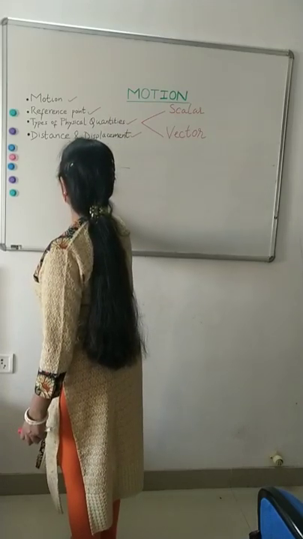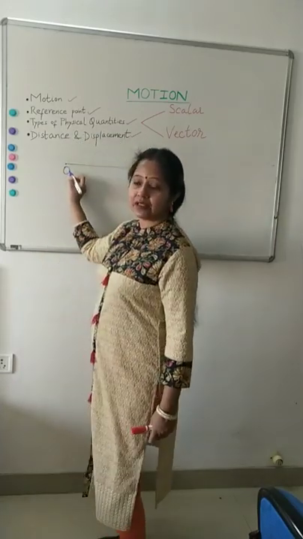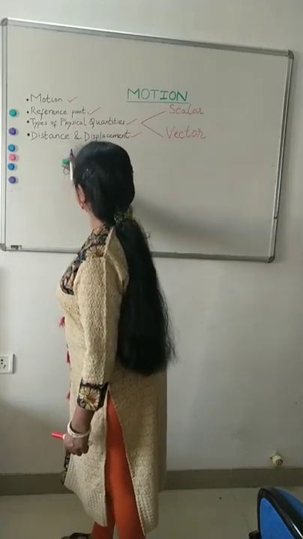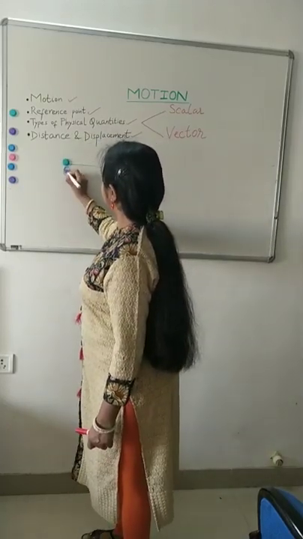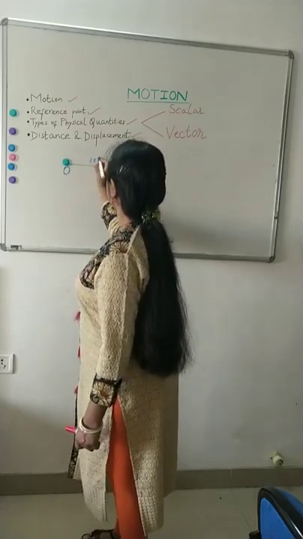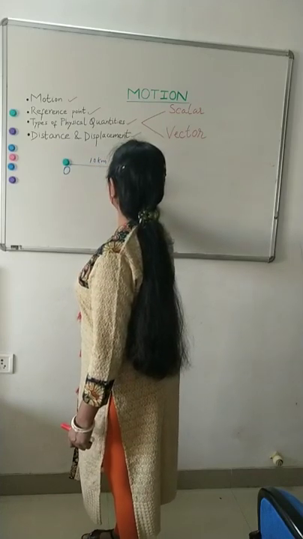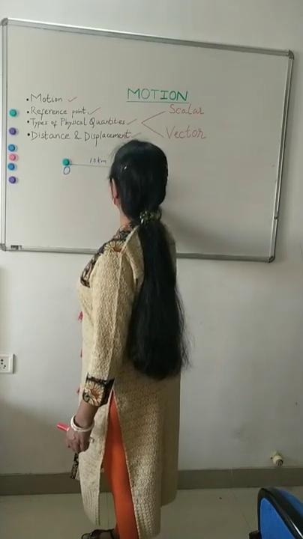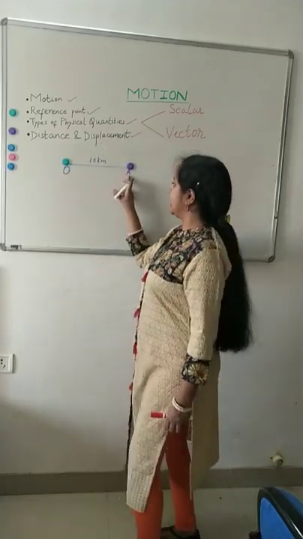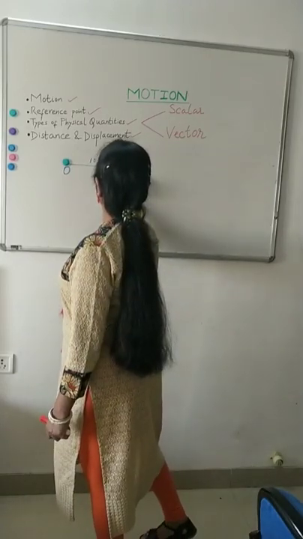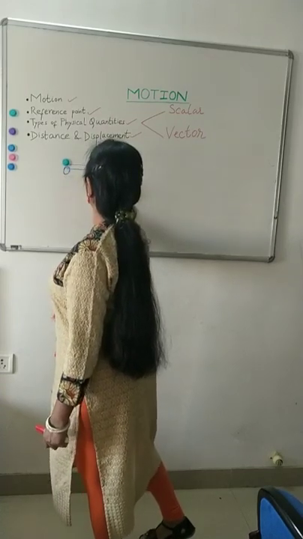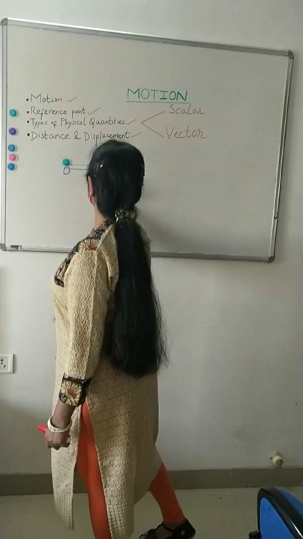Let us take this point as origin, meaning the starting point or reference point, and you can name it point O. Harish is a boy who has travelled 10 kilometers and reached another point A. He started from O and reached A. He again moved from point A to O. It's again 10 kilometers.